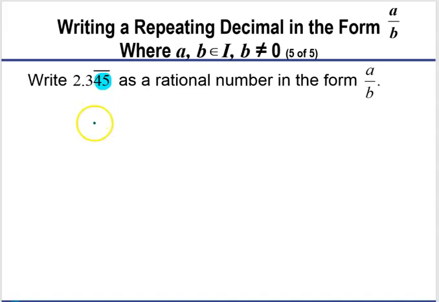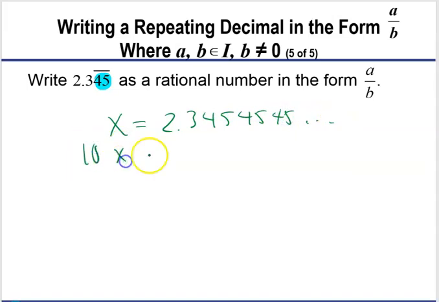I'm going to multiply by 10 to start with. So I'm going to say x is equal to 2.3454545, goes on forever. And I'm going to multiply both sides by 10. So that's going to give me 23.4545, and that goes on forever.